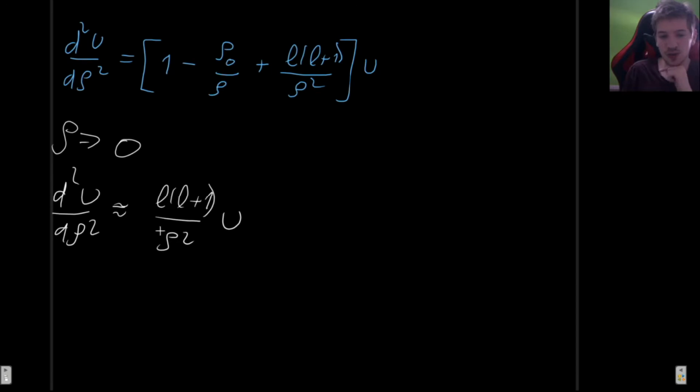Now, the solution to this differential equation may be somewhat tricky, because here we are dividing by rho squared, and we're also taking the second derivative. So our solution here should be some sort of polynomial.